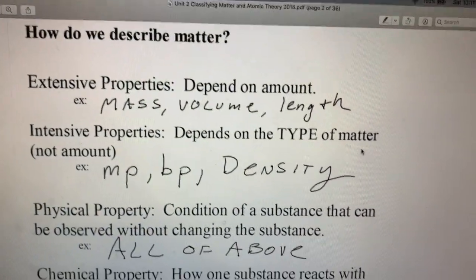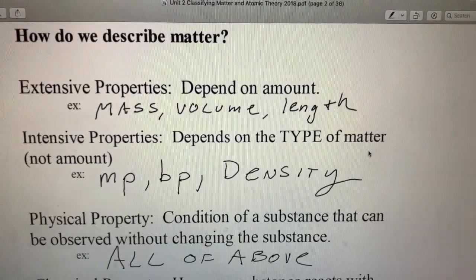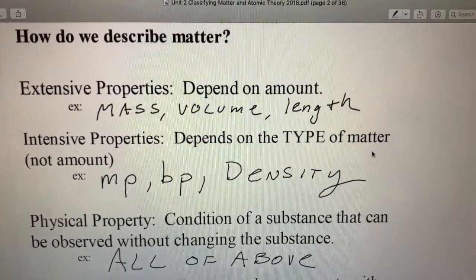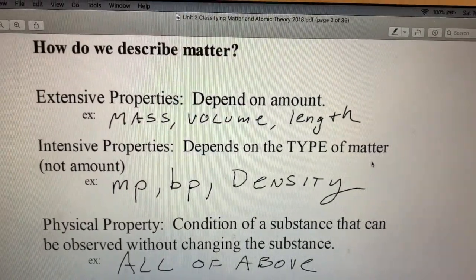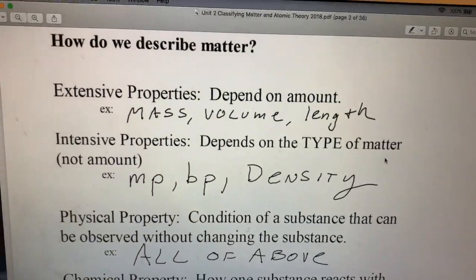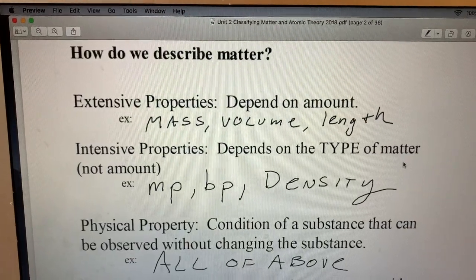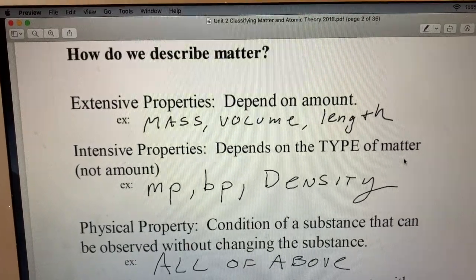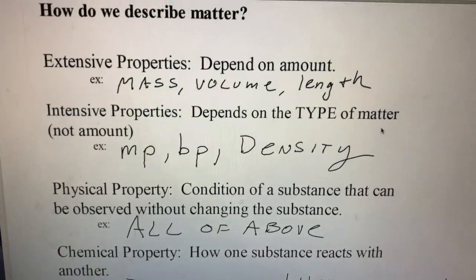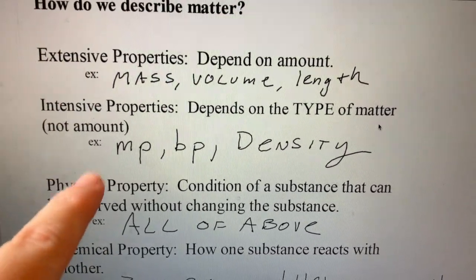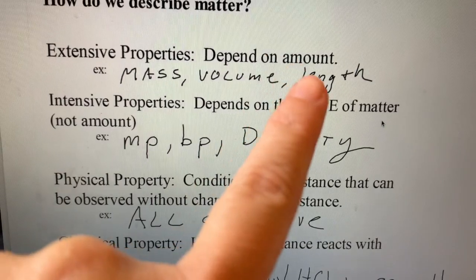All right, so before we start talking about elements and compounds, let's just talk about in general how we describe matter. Well, we describe matter using its properties, and there are what is known as intensive and extensive properties. Extensive properties depend on the amount, and we dealt with this a lot in the last unit. Things like mass, volume, and length.